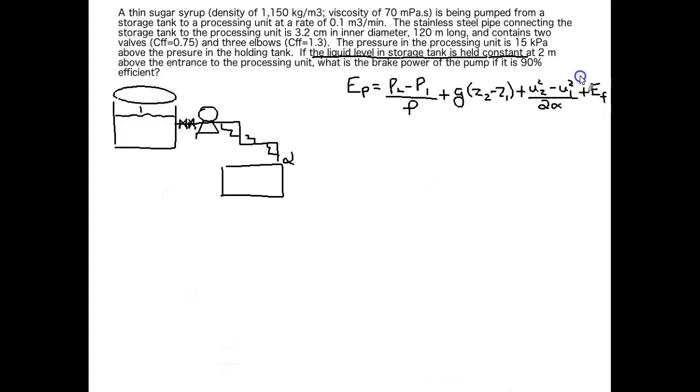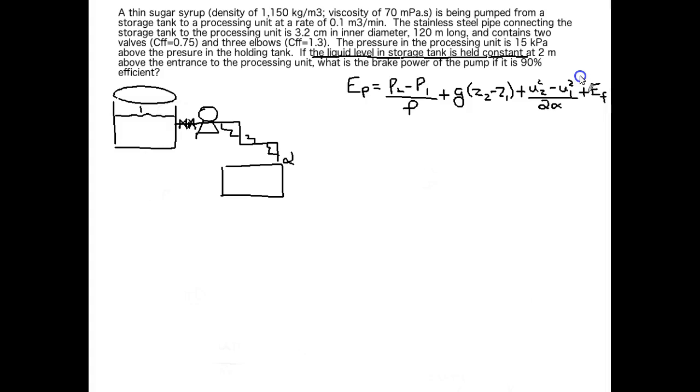And if we look back at where we set 0.1, that was at the liquid level in the storage tank. Now, if that liquid level is not moving up or down, that means there is no movement of the liquid at 0.1. Even though it's flowing through the system, it's not moving at 0.1.